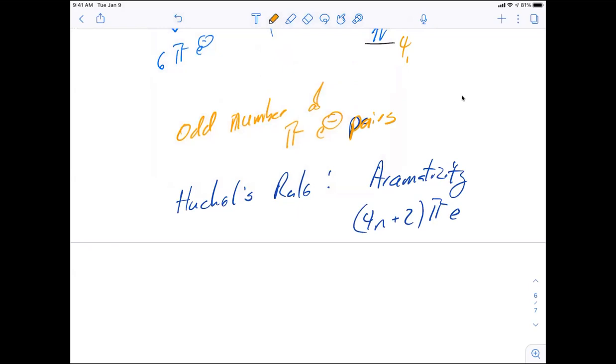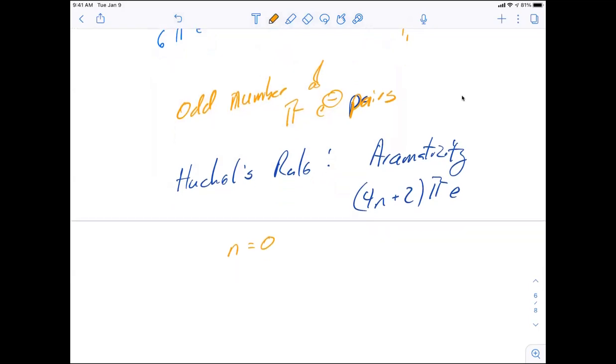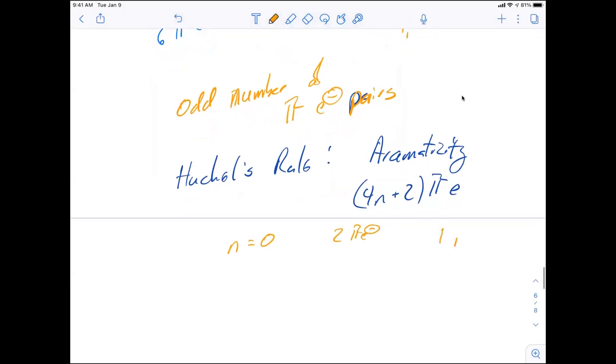So if we look at Huckel's rule, if n equaled 0, then how many pi electrons would we have? Well, 4 times 0 would be 0, then 2 pi electrons. So 2 pi electrons. How many pairs? 1 pair, so an odd pair.